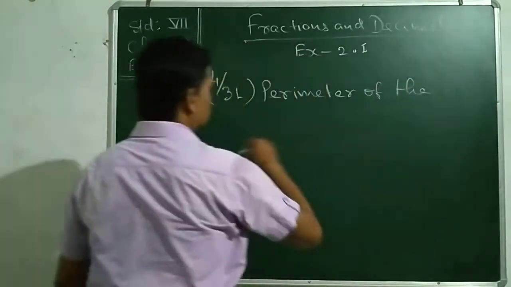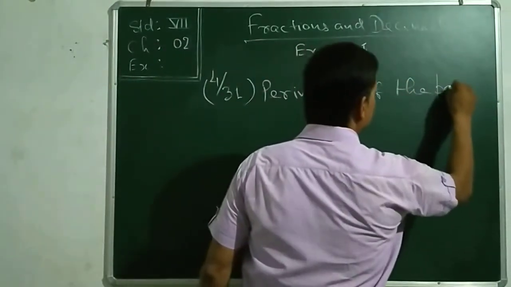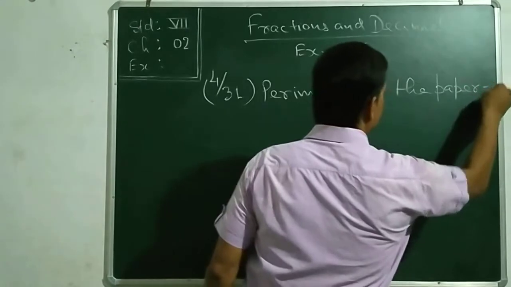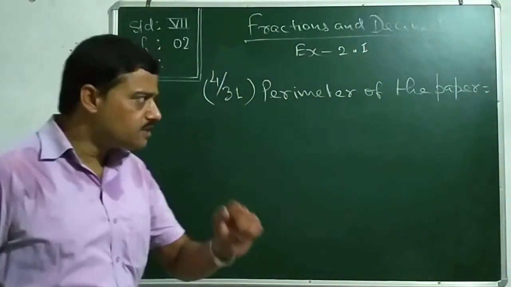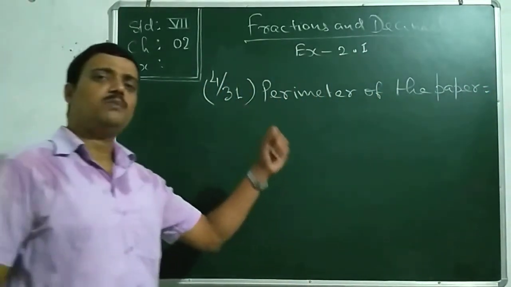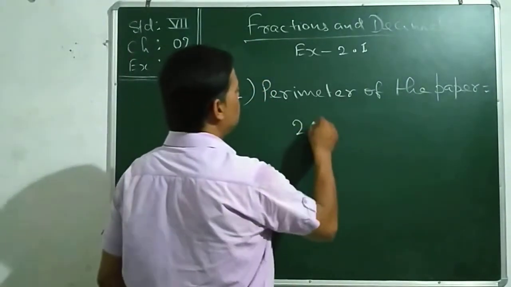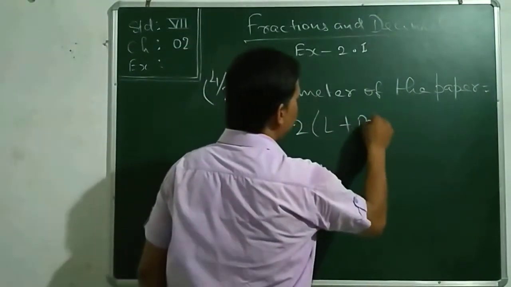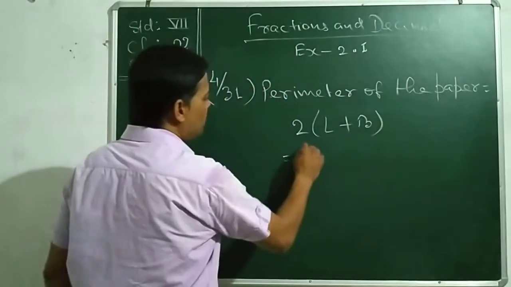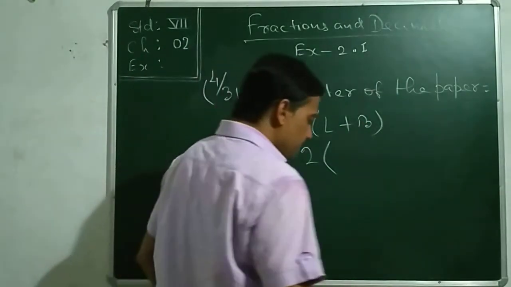Perimeter of the paper. As the paper is rectangular, we will put the formula for the rectangle, perimeter of rectangle, that is 2 into L plus B. Very simply put the values there.